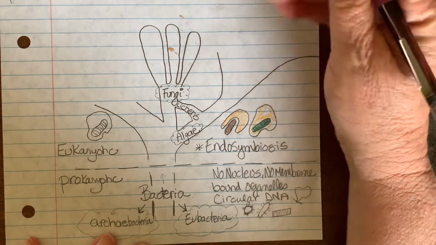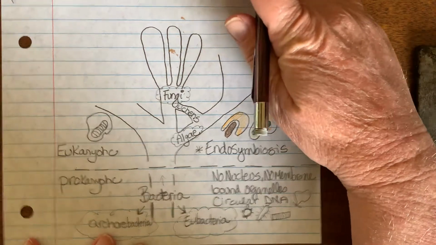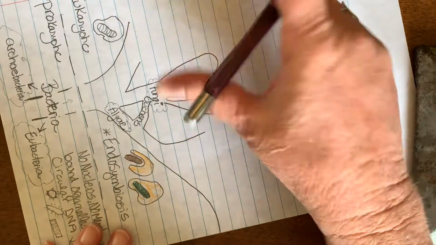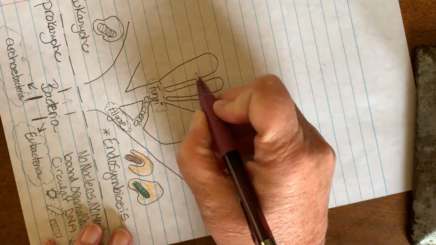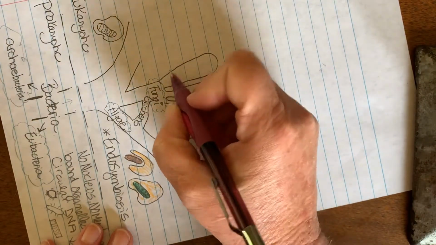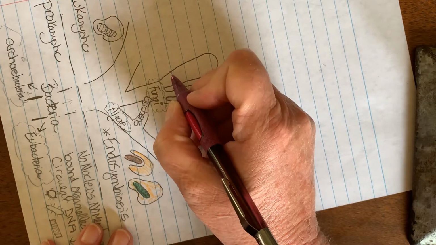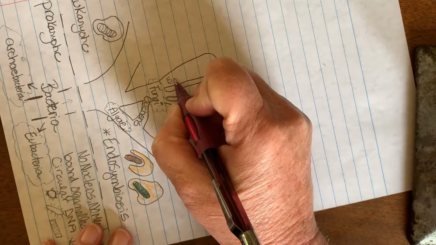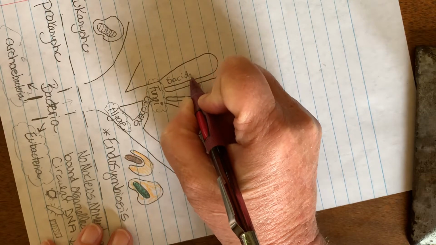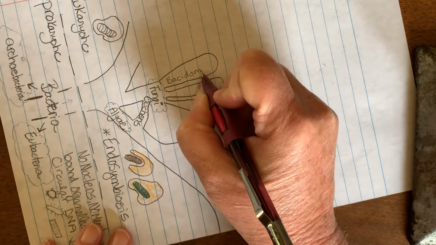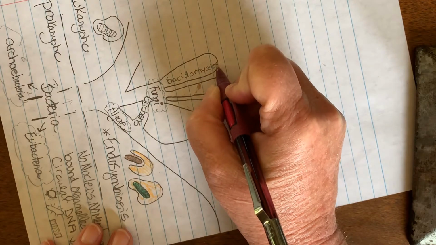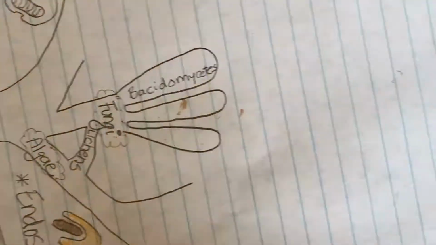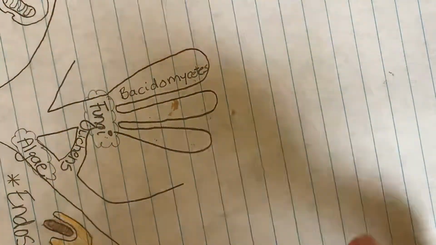I put in the mushrooms. I'm going to turn my page a little bit here so I can write the scientific name for mushrooms in this space here. And that is Basidiomycetes. I know, crazy, huh? B-A-S-I-D-I-O, Basidiomycetes. That's a T. So the Basidiomycetes is the mushrooms.